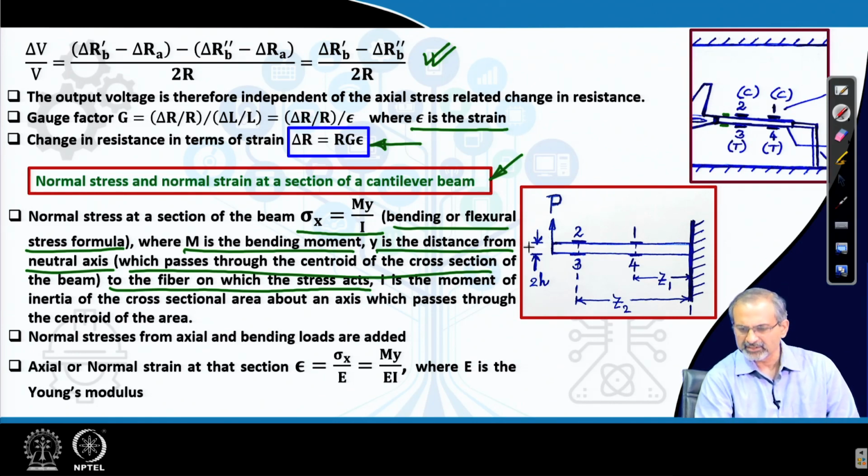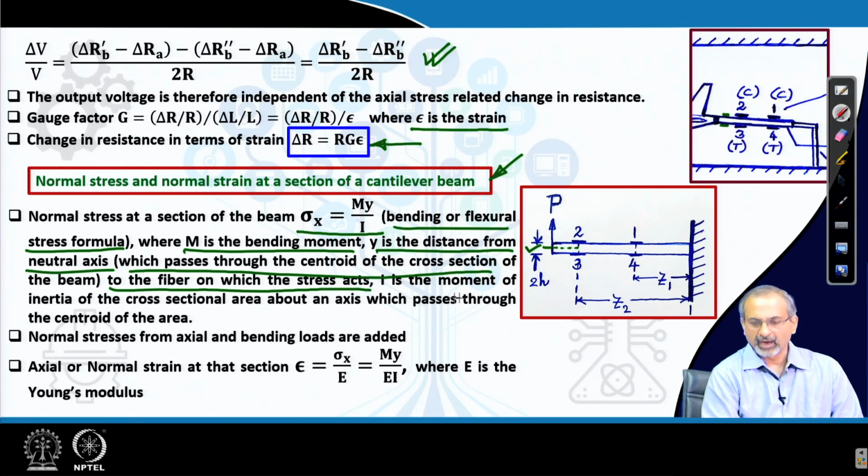So, if you consider its thickness to be 2h, the y will essentially be considered as h, which is the distance that we are talking about. I is the moment of inertia of the cross sectional area about an axis which passes through the centroid of the area. These are standard nomenclatures, but we are just trying to revise that idea.